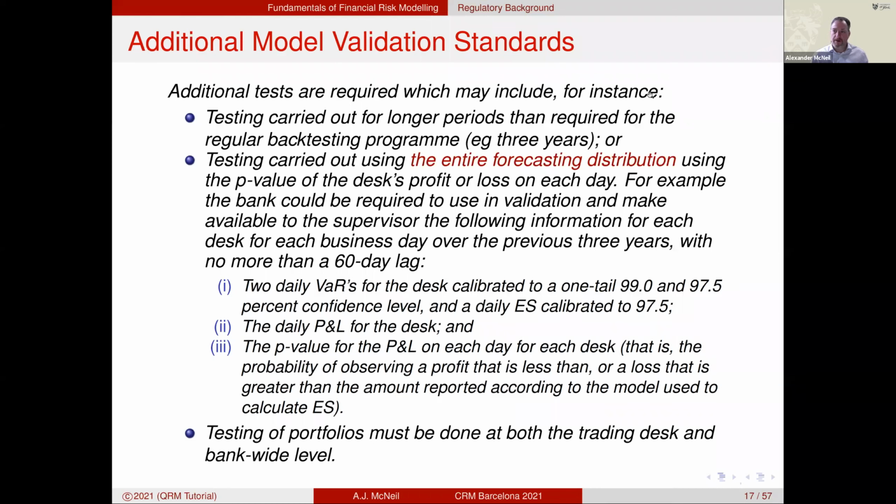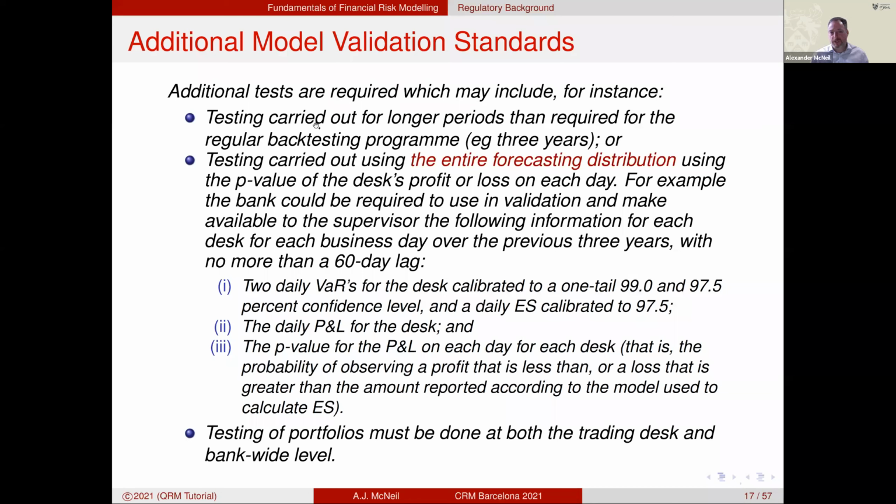So as far as I understand, and I haven't actually revisited this very recently, there is a certain amount of discretion about what additional tests a bank does, but they must do some additional tests.